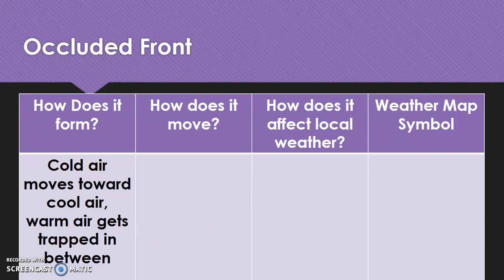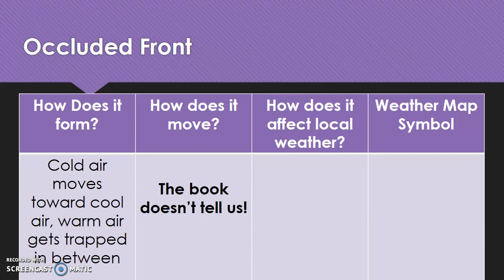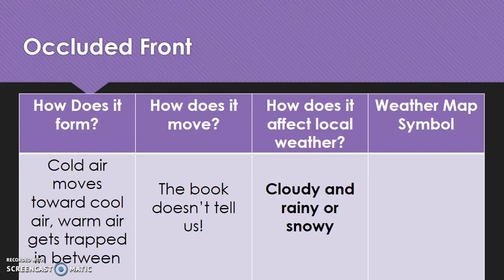And finally, the occluded front. How it forms is cold air moves toward cool air. So we have three different air masses, a cold one, a cool one, and then there's a warm one that kind of gets trapped in between the two of them. This one the book doesn't tell us, so some of you got stuck on that. It doesn't tell us. It does move, and I'll talk about how we know it moves in just a minute.